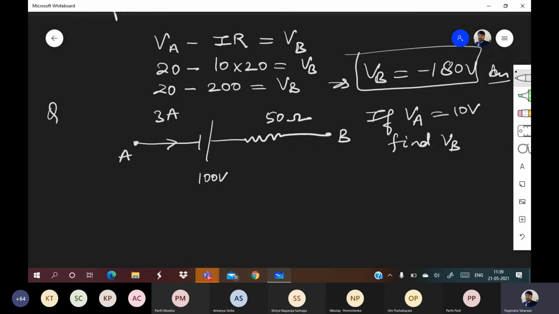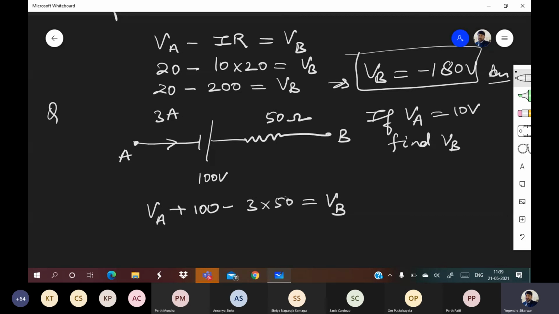So here, what will happen? We are starting from point A. So VA plus 100 minus IR. I is 3 into 50 is equal to VB.